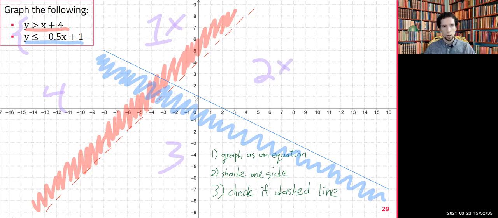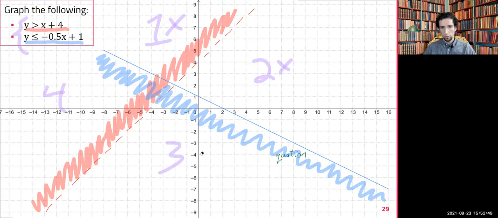Not number 2. Region number 3 down here is a solution to the blue one, but it is not a solution to the red one, so that one also is not going to work, because the red one has to be over on this side, and we can see where this is going.